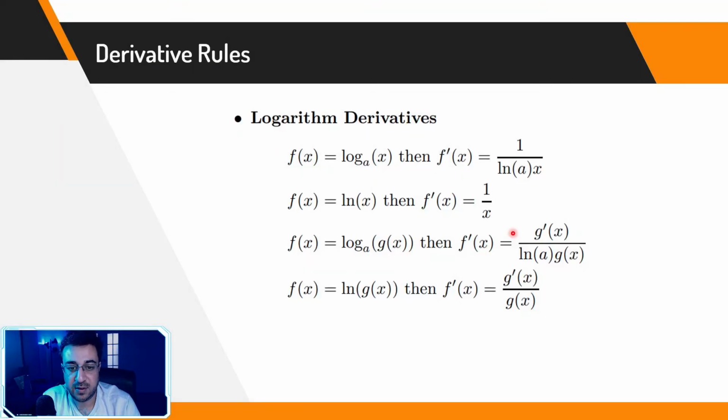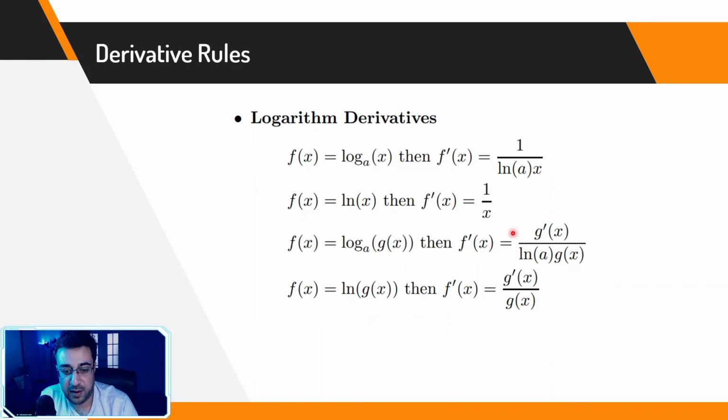Logarithmic derivatives: the logarithm base a of x, if you differentiate that, the derivative equals 1 over ln of a multiplied by x. If you have f of x as ln of x, then the f prime is 1 over x.